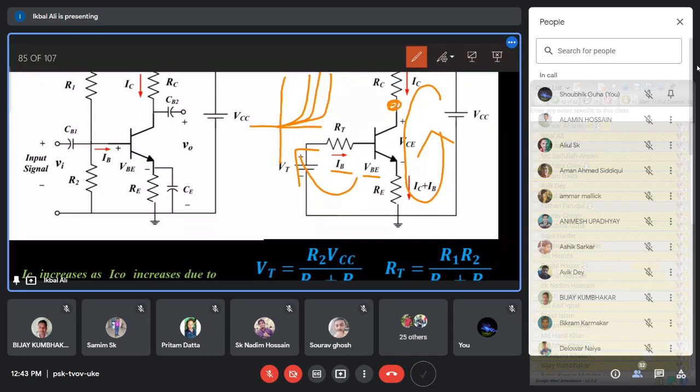The third parameter is the base current. You have already learned those characteristics and know how they look. This is the output characteristic for one base current, and this is the output characteristic for another base current. On this side you have the collector current, and on this side the collector emitter voltage, for the common emitter mode of the transistor.